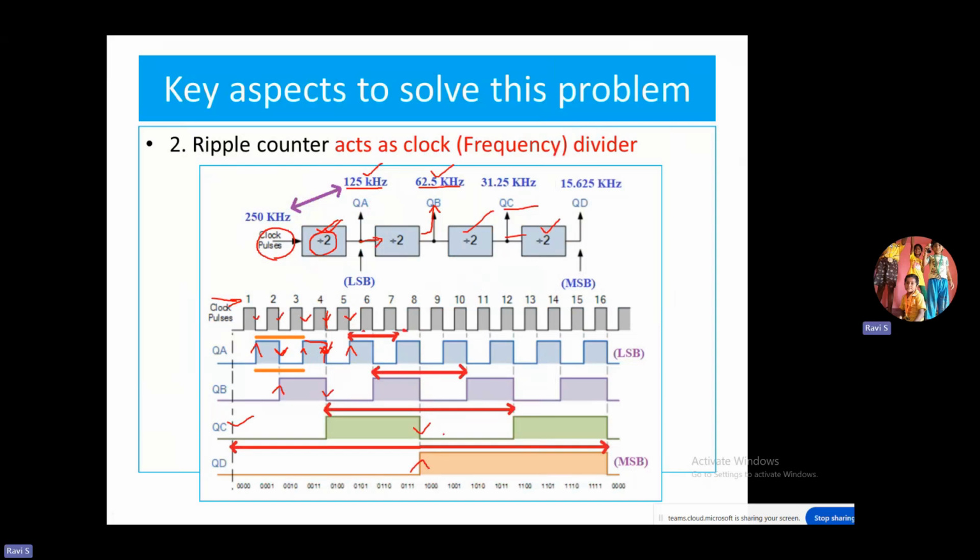So this toggling process is taking place. Again, if you observe the time period of this clock pulse, having negative and positive, let us assume it is going to be 30 microseconds. The time period of the QA output will be double the amount of this. That means if it is 30, the time period of this one will be 60.